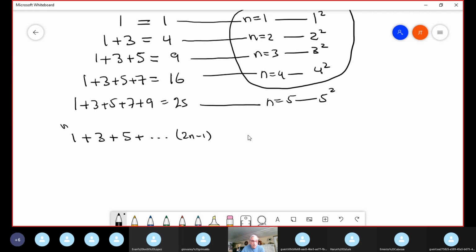For n equal 1, 2 minus 1 is 1. For n equal 2, 2 times 2 is 4 minus 1 is 3. For n equal 3, 6 minus 1 is 5. This is a good explicit formula for a sub n. The sum is equal to n squared. Wow. How do you prove that? Well, you prove that using mathematical induction.